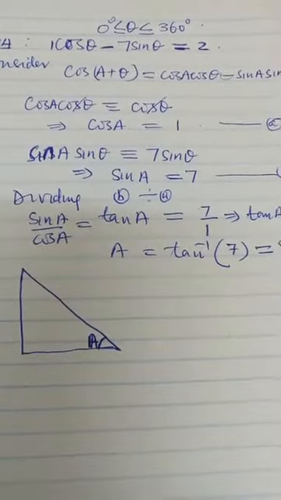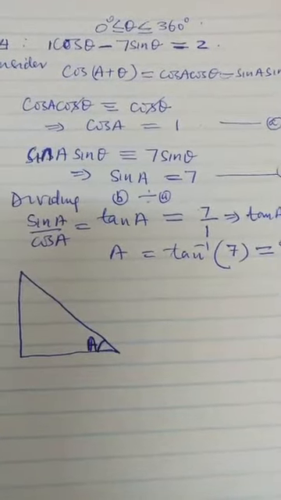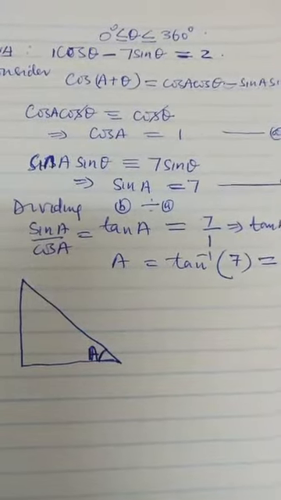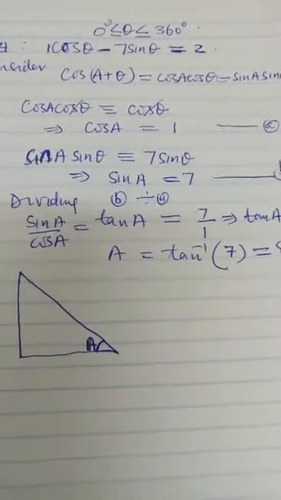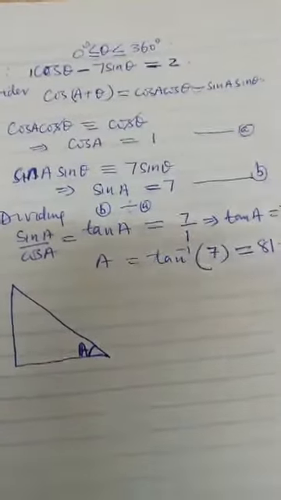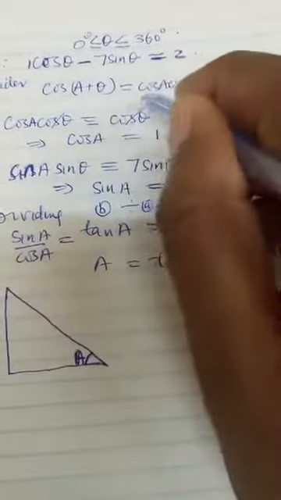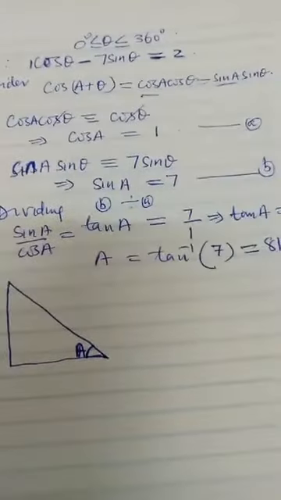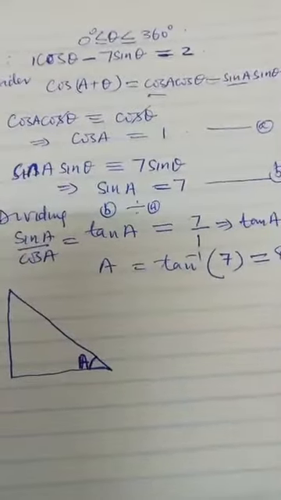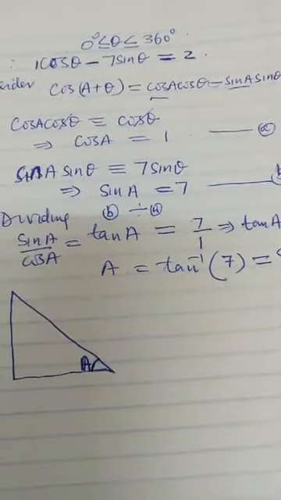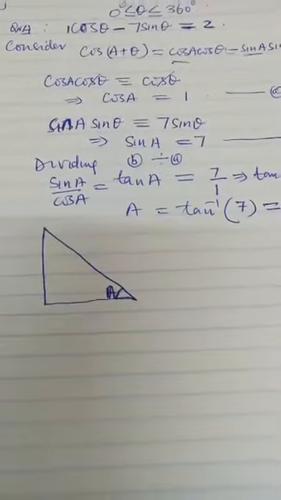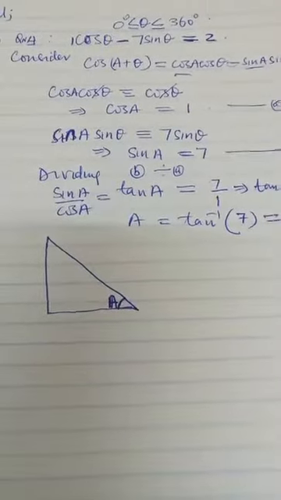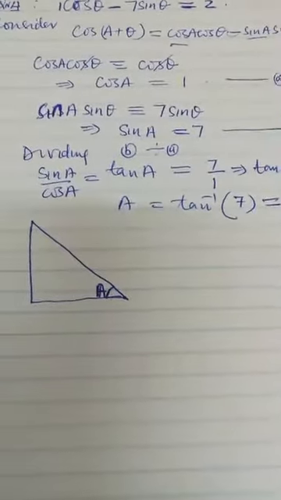Sine is opposite over hypotenuse. So we need to find the hypotenuse so that we get what is here and what is here. If cos is 1 and sine is 7, how are we going to handle the other bit to be able to get what is required?